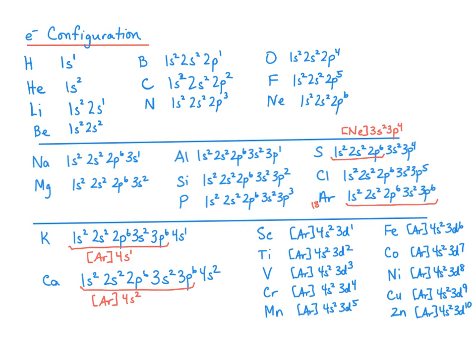And as we eventually fill up that d sublevel, we finish with zinc's configuration. All right, so look at the periodic table and see if you can notice now the placements of these elements and their location in the table. There are definitely some patterns here that we can notice.